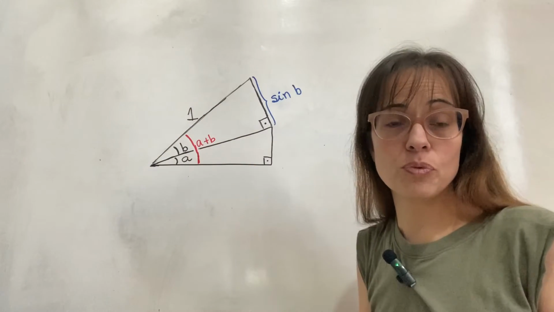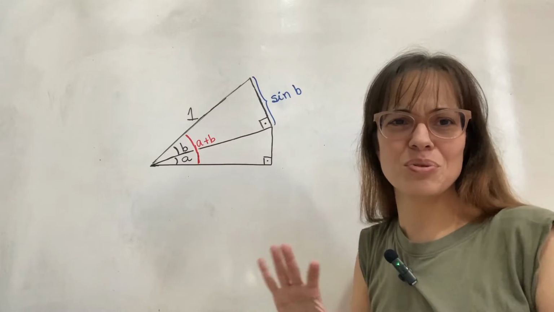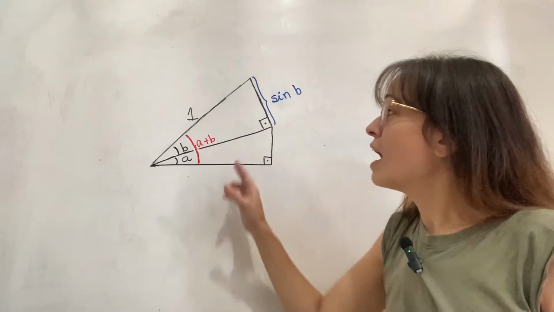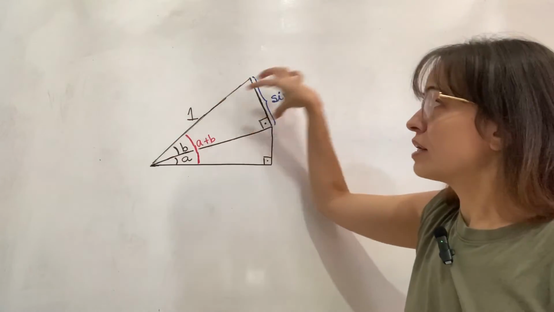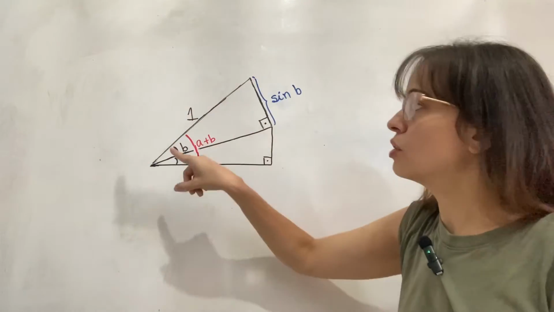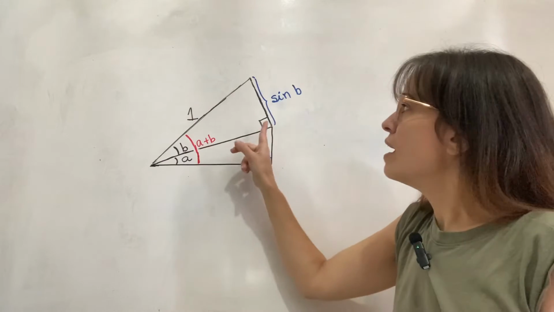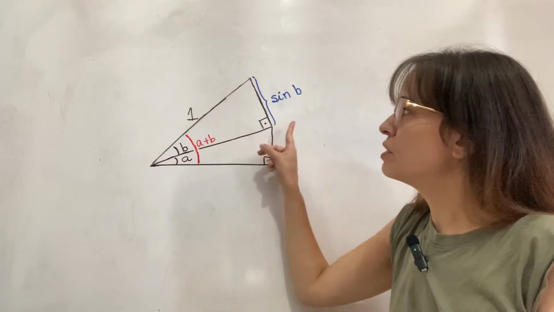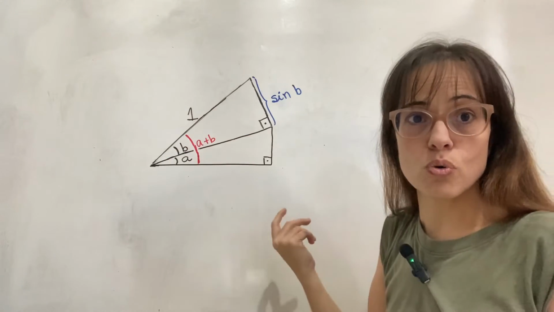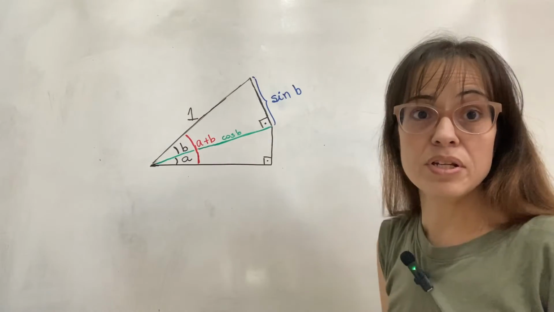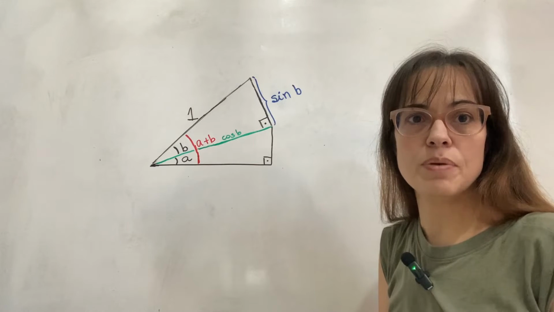But of course, if you've already watched the previous video, you know that I don't even like thinking of it this way. I am just looking at the hypotenuse, which is 1, being projected over there. So the projection away from the angle is sine. And this other segment here is the projection over the angle B. So that's cosine of B. So the green segment there is cosine of B.